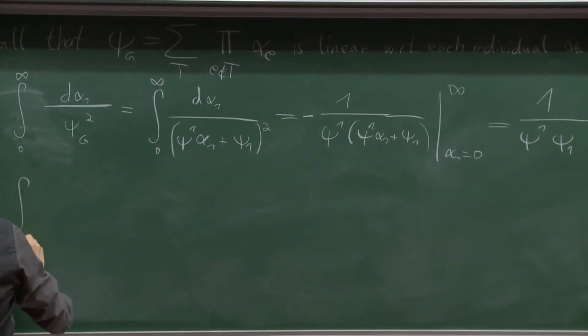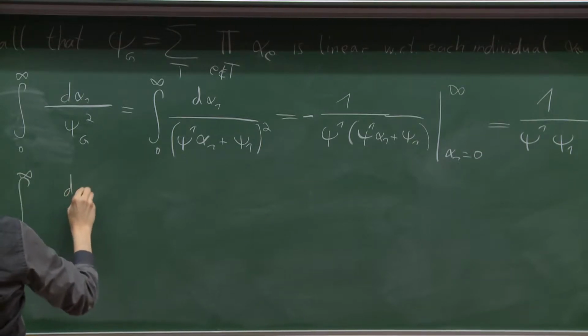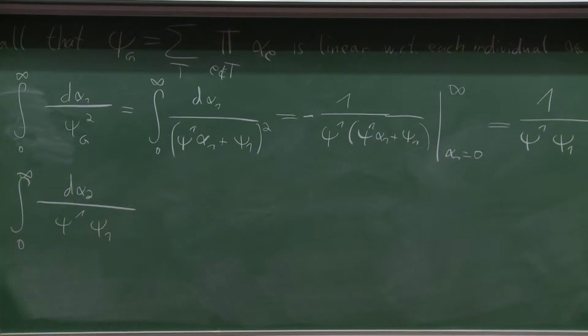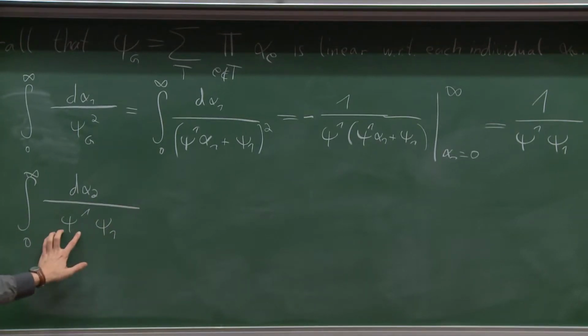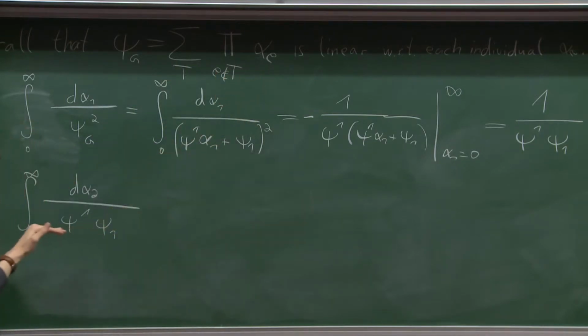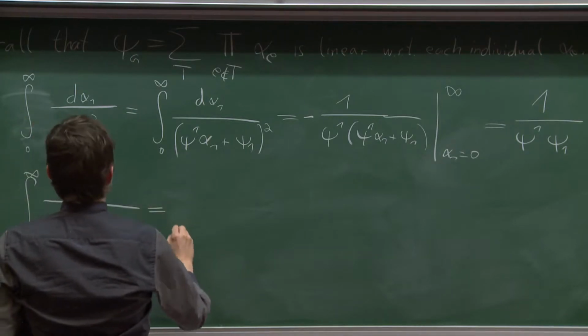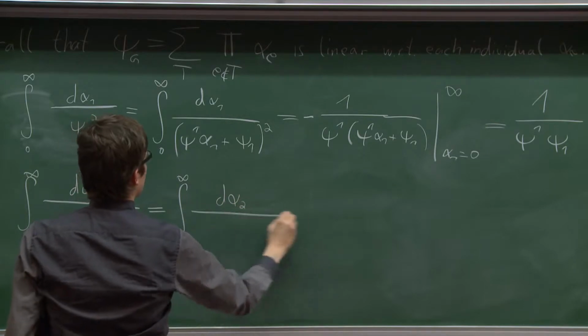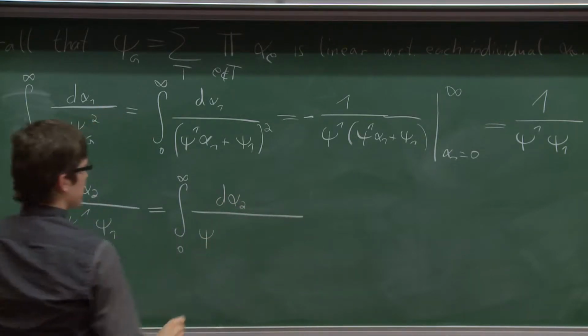So let us compute the next integral over alpha 2 of 1 over psi upper 1 times psi lower 1. Now these are coefficients of the original polynomial, which was linear in each individual variable. So these polynomials are still linear in the next variables. So we can do a similar decomposition, d alpha 2, and I just continue with this labeling scheme.